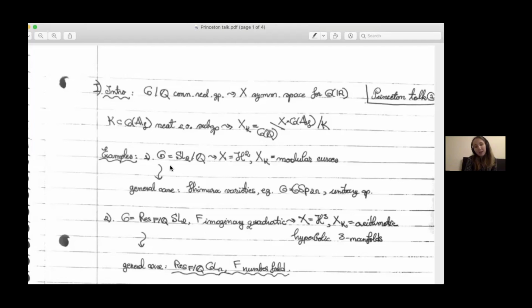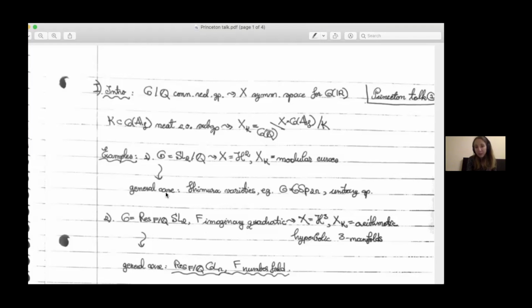And then this example can be generalized to higher dimensions and to higher rank groups, but not in an obvious way. But the general case also corresponds. So there is a generalization where the locally symmetric spaces are algebraic varieties defined over number fields, and that is the case of Shimura varieties.